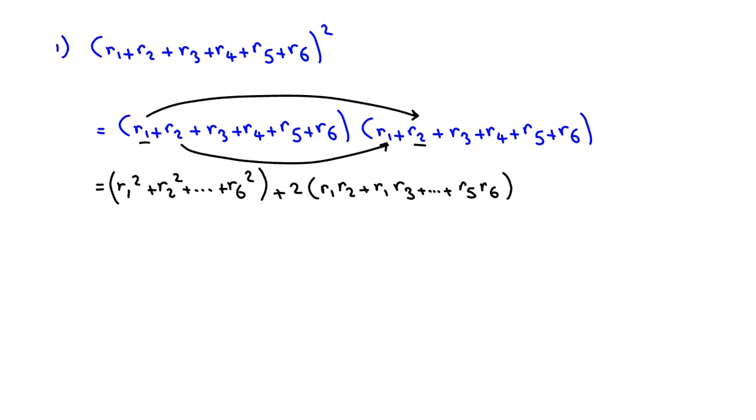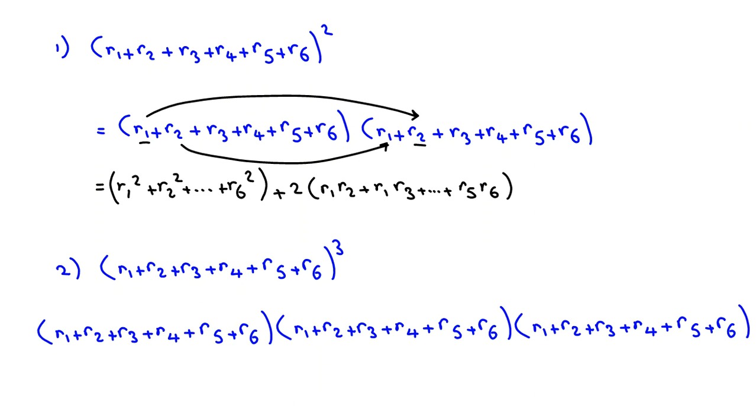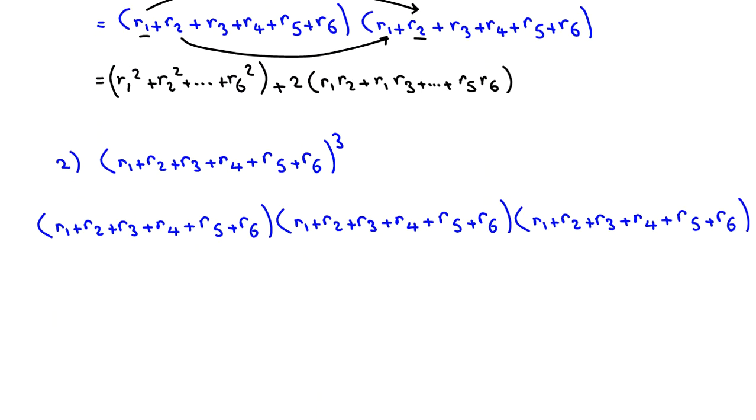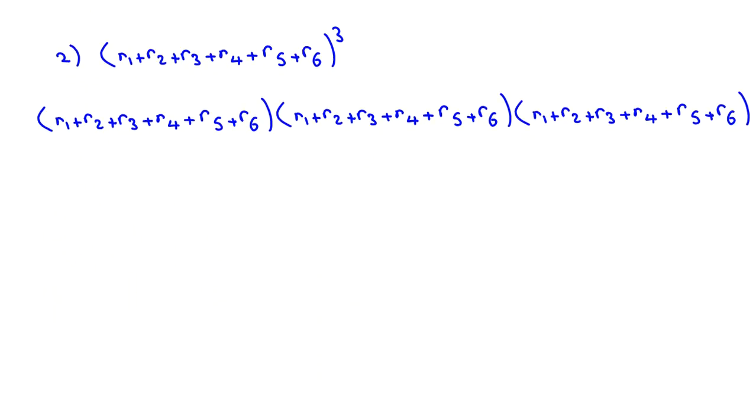Now let's consider the second one. If we have (R1 plus R2 plus R3 plus R4 plus R5 plus R6) cubed. Okay, we can write it 3 times because it is to the power of 3. So if I want to calculate this, I say what? Let's find the terms that we have. Maybe I select 3 equal terms.